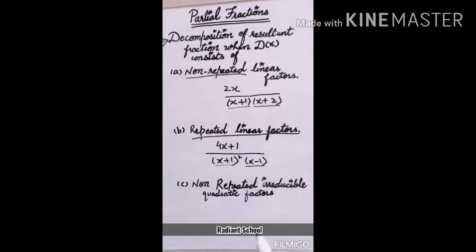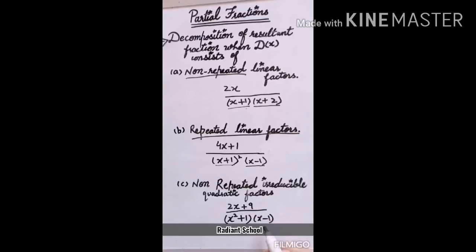Now okay students, the third one is non-repeated irreducible quadratic factors. What does it mean? Suppose that you have 2x plus 9 divided by (x square plus 1)(x minus 1).